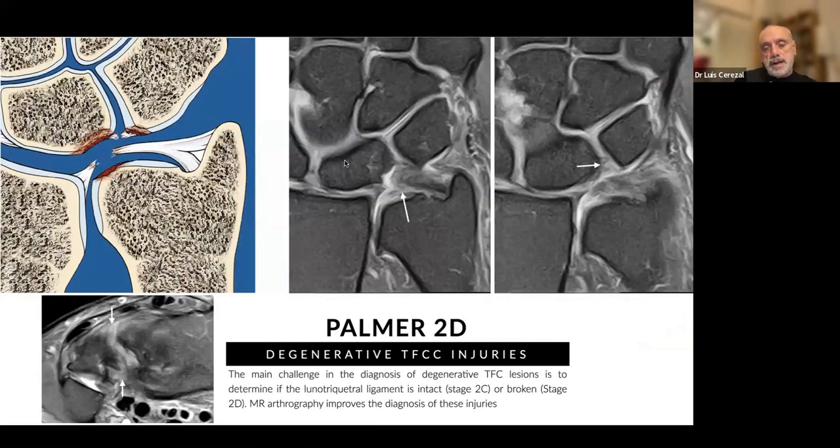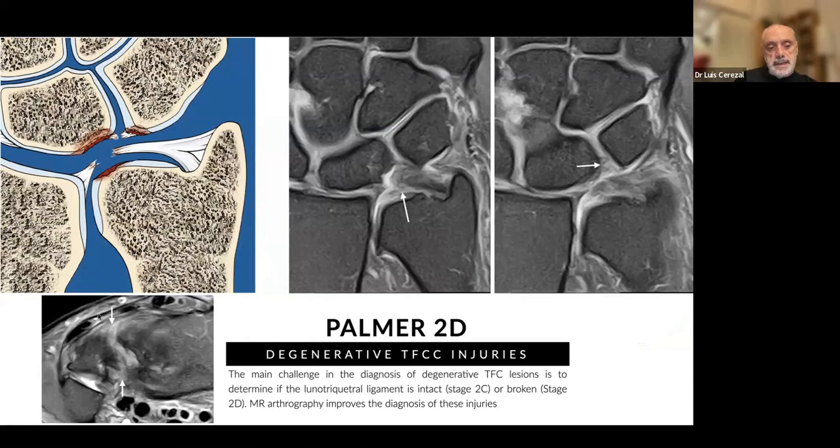Another challenging diagnosis for us is to differentiate between Palmer class 2C and Palmer class 2D. And the treatment, you know, is completely different. It's a really important differentiation. In this case, we have a complete tear of the lunotriquetral ligament.